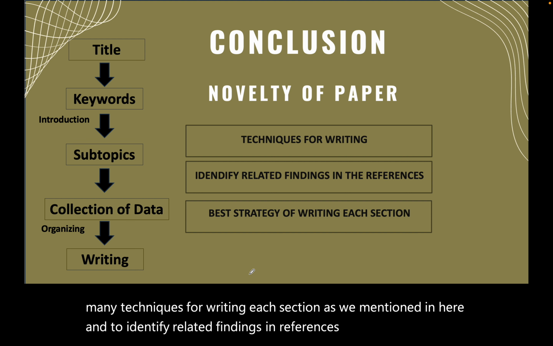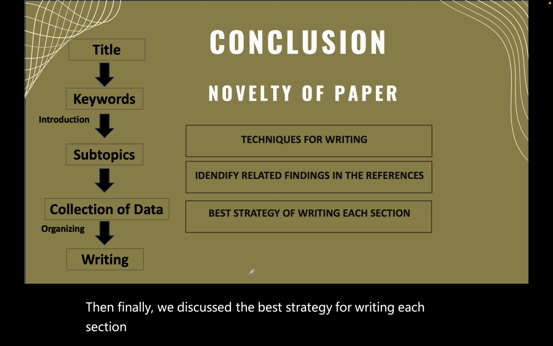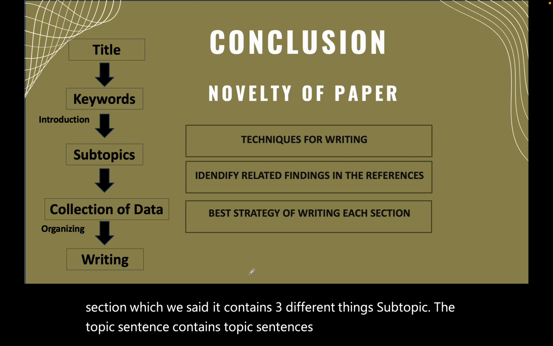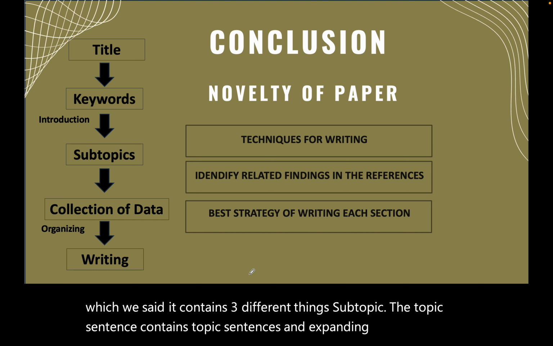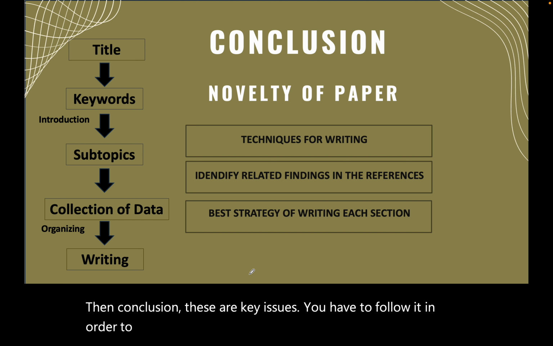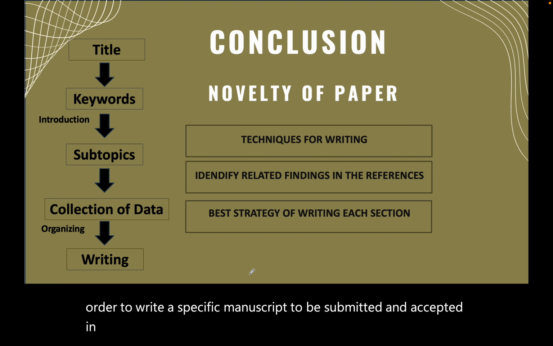Finally, we discussed the best strategy for writing each section, which contains three things: the topic sentences, then expanding, then the conclusion. These are key issues you have to follow in order to write a manuscript to be submitted and accepted in a high impact factor journal.